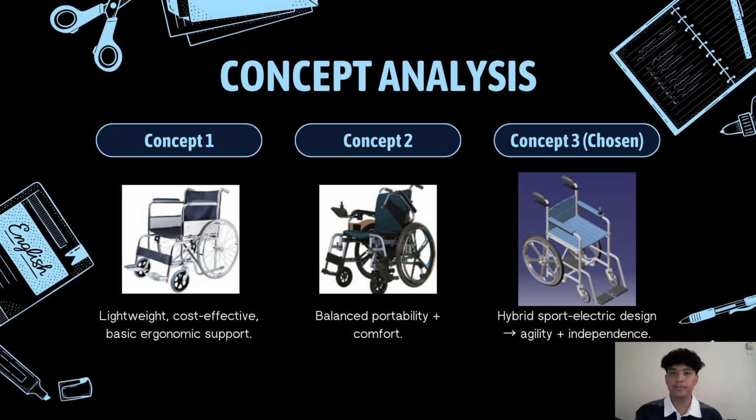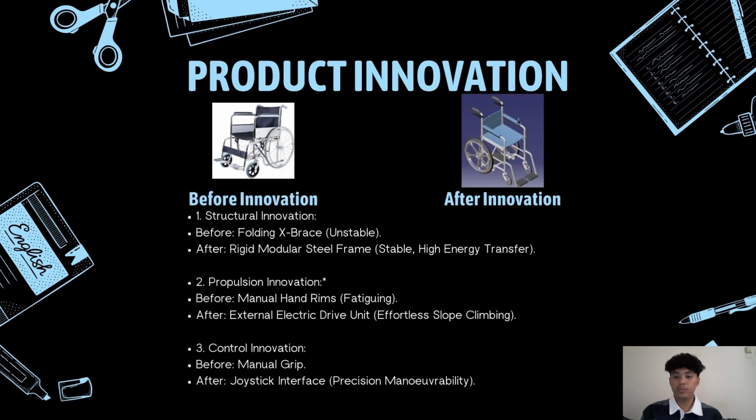To create our final design, we implemented three major innovations to solve the issues found in standard manual wheelchairs. First is structural innovation. We replaced the unstable folding edge brace with a rigid modular steel frame for better stability and energy transfer. Second is propulsion.